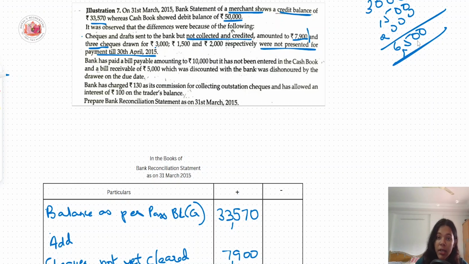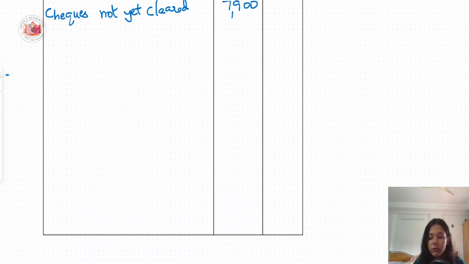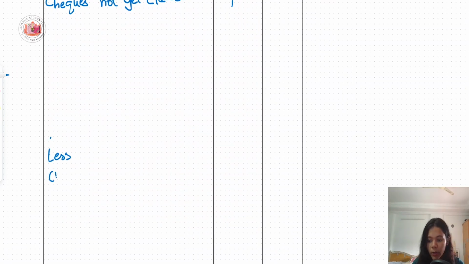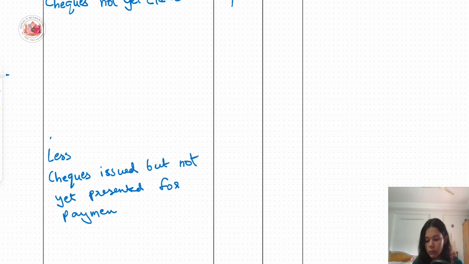So my passbook balance is more than my cash book balance by the amount of 6,500. If I want to equalize the two, I will have to deduct 6,500 from my passbook. Checks issued but not yet presented for payment, 6,500.